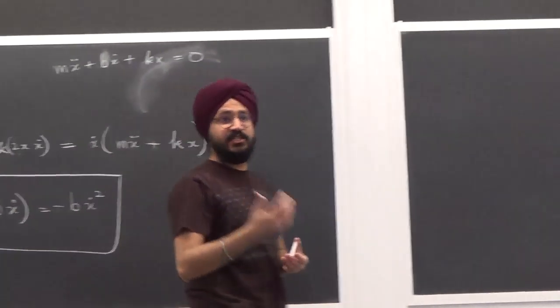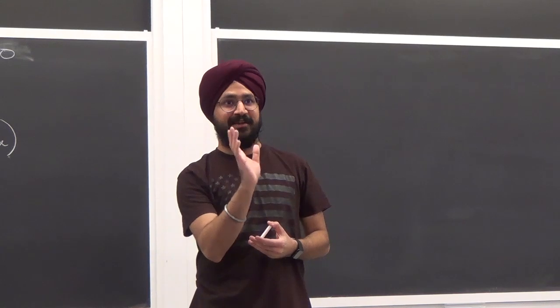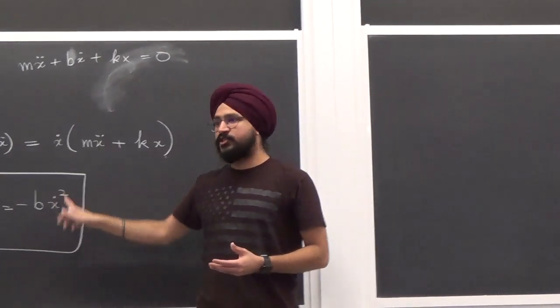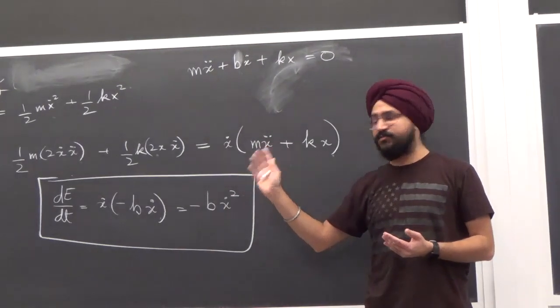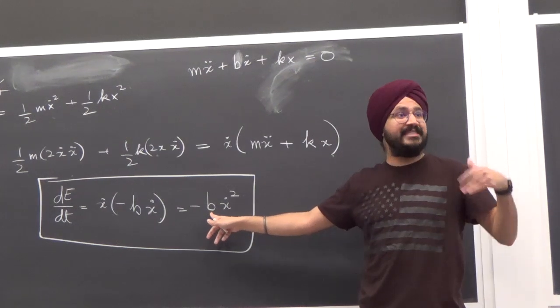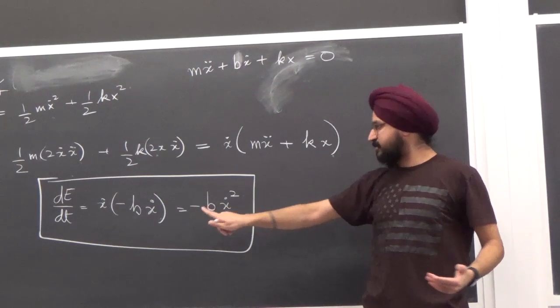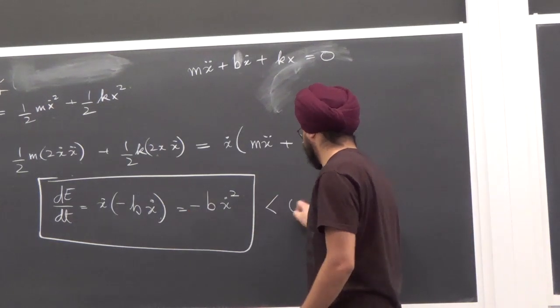So the rate of energy loss, is it loss, first of all? Let's verify that. x dot squared is always positive. x dot could be negative, but it's squared up, it's positive. b was a positive constant by assumption because it was damping it out. b is positive, this is positive, negative sign. So this whole thing is less than 0.